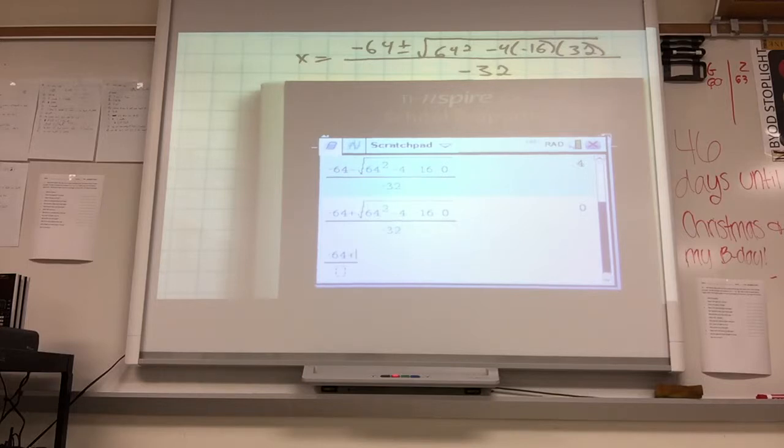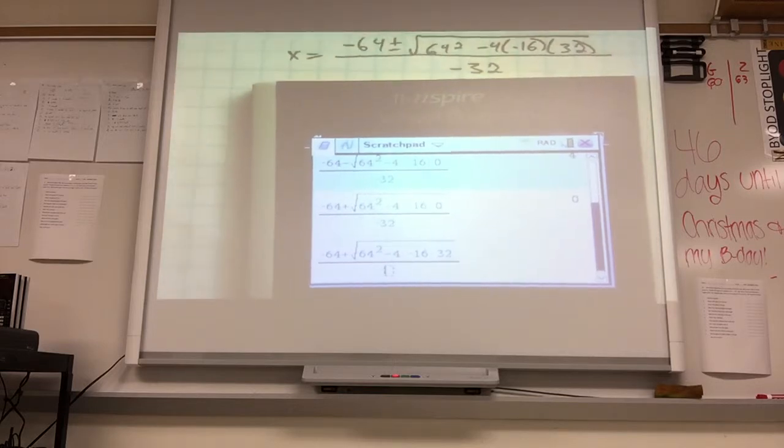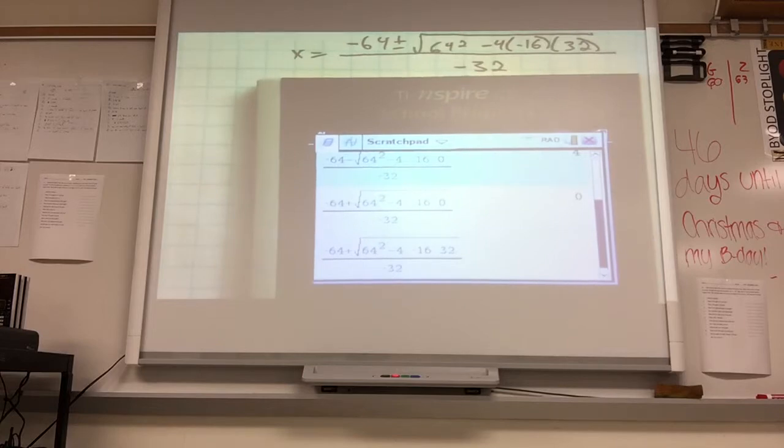Plus the square root of 64 squared minus 4 times a, which is negative 16, times c, which is 32, all of it divided by negative 32. Okay, so when I press that, that's the positive, all right? It should be negative 0.45, all right? And that's actually the answer.